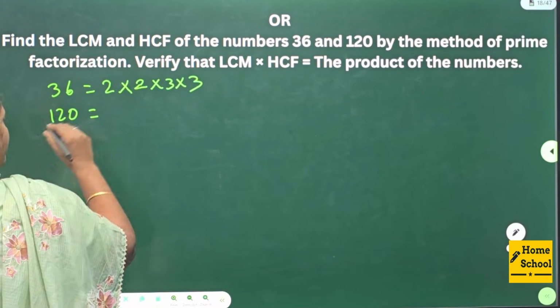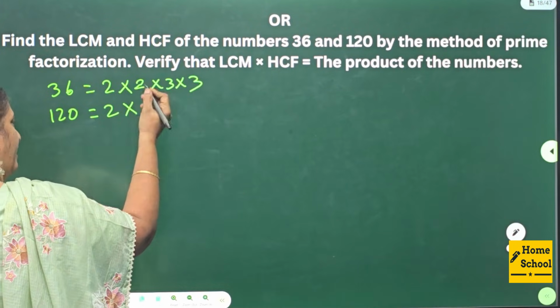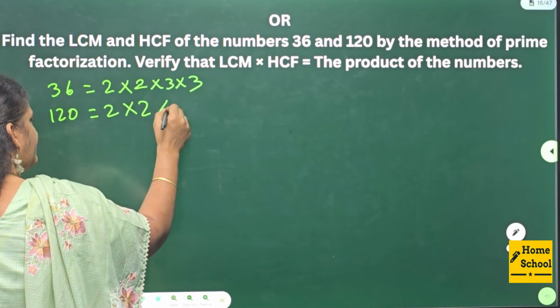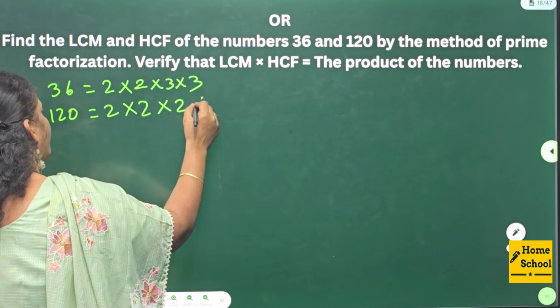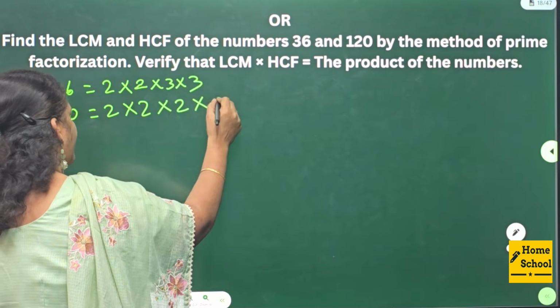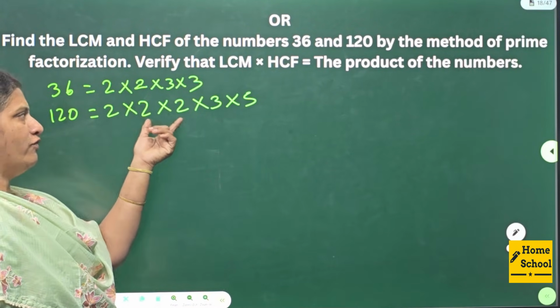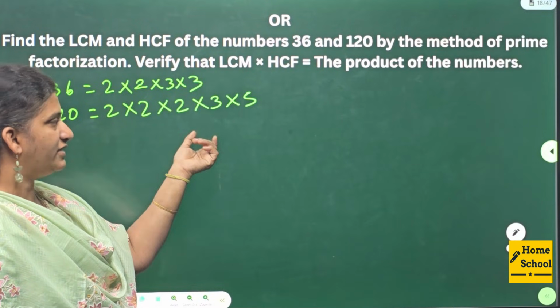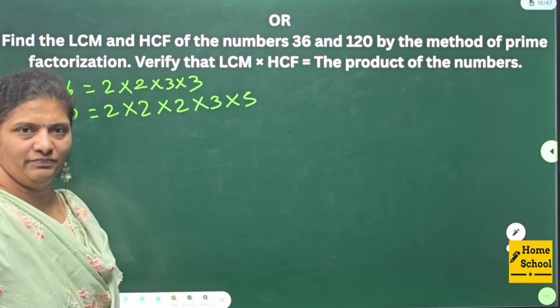In the same manner 120, you can write it as 2 60s, then again 2 30s, that 30 I can write it as 2 15s, 15 I can write it as 3 5s. Check it out. 2 2s are 4, 4 2s are 8, 8 3s are 24, 24 5s are 120.